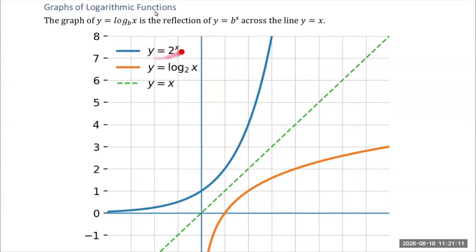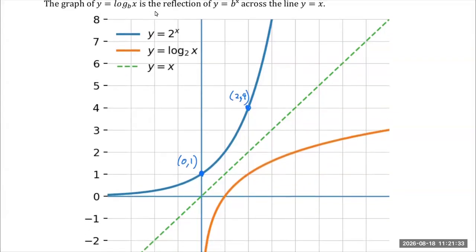And what are some nice properties that we know about this? We know that the y-intercept point here is going to be (0, 1). Let's label one more point. We know that this point right here is going to be (2, 4). And we also know that there's a horizontal asymptote.